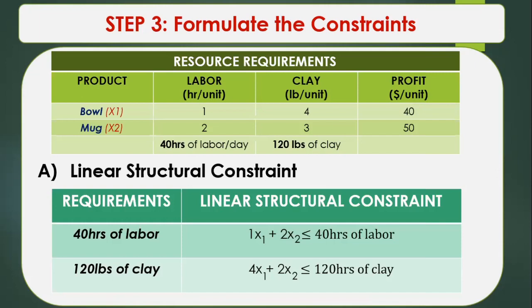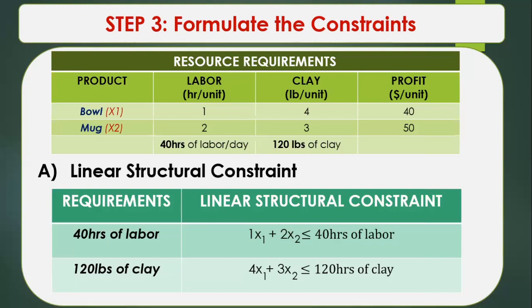And therefore, our linear structural constraints should be, first, 1 times x sub 1 plus 2 times x sub 2 less than or equal to 40 hours of labor. And our second linear structural constraint would be 4 times x sub 1 plus 3 times x sub 2 less than or equal to 120 hours of clay.